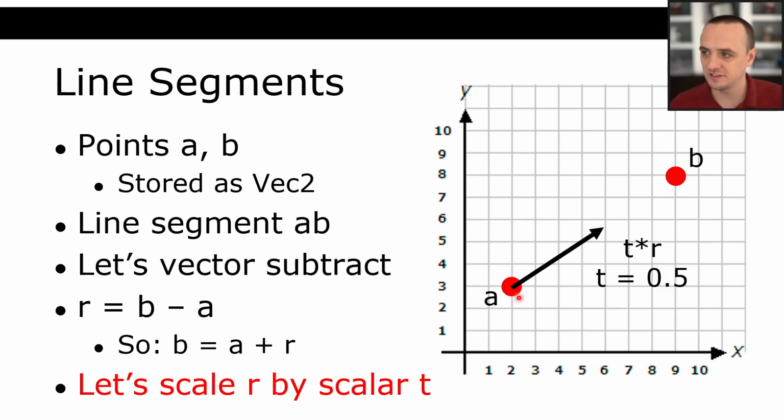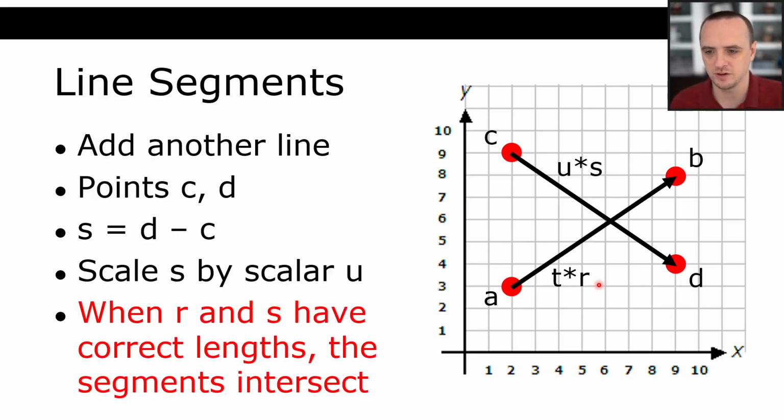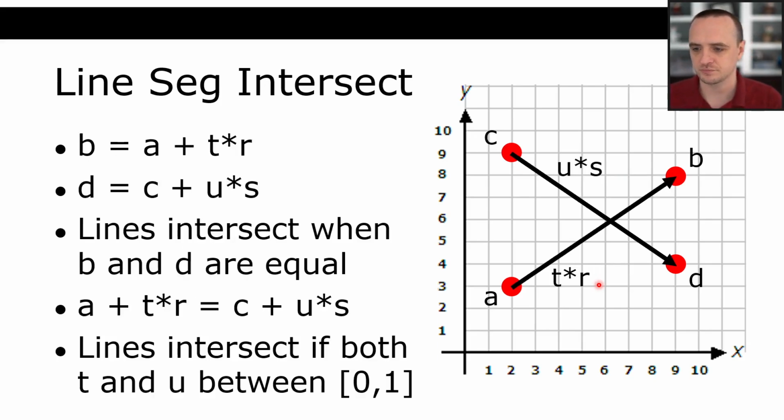And if it's less than 0, then we actually have a vector pointing in the opposite direction, which is outside of A. So in order for there to be a line segment intersection, it has to be between this A and B, meaning that T and U both have to be between 0 and 1. Otherwise, the intersection would occur outside of the line segment, which makes absolutely no sense. Okay? So that's what that says. So the lines intersect if both T and U are between 0 and 1.